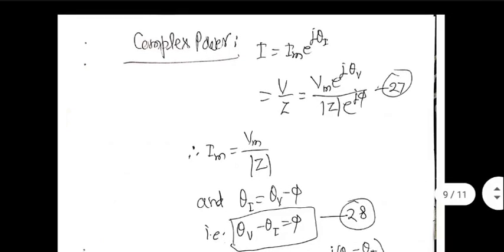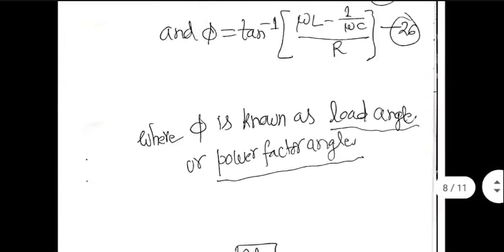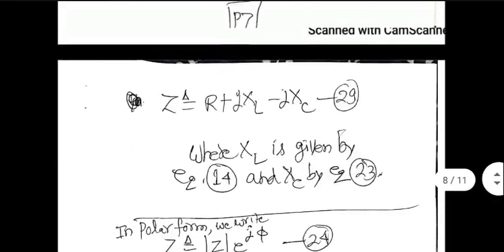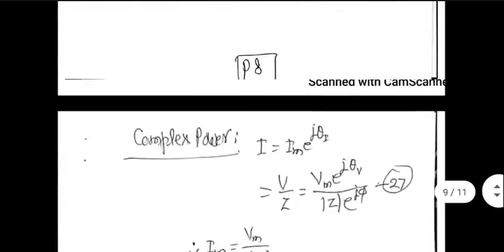In other words, theta V minus theta I is phi. The angular difference between the two phase shifts is equal to the phase shift produced by the load, which is common sense anyway.